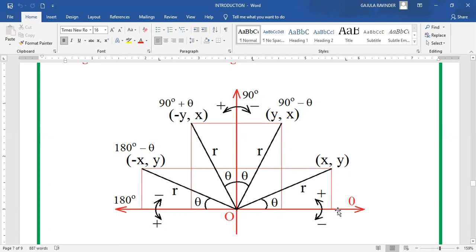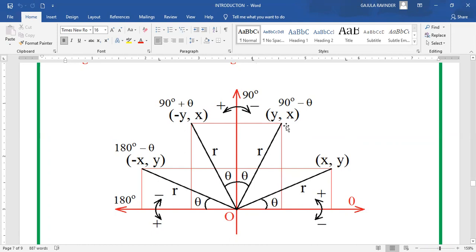So the y coordinate is the distance from the x-axis, whereas the x coordinate is the distance from the y-axis. Now here this is the distance from the x-axis, so that will be the same as the distance from the y-axis to this point. That's why for these two points, coordinates will be interchanged, my dear friends. So when this is x comma y, this point can be taken as y comma x.